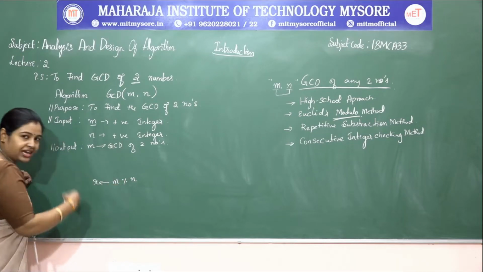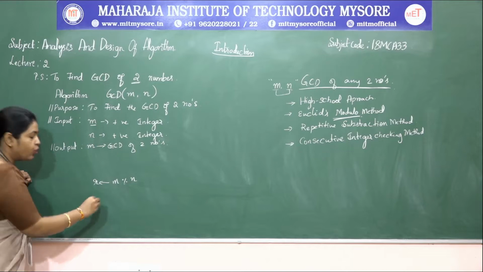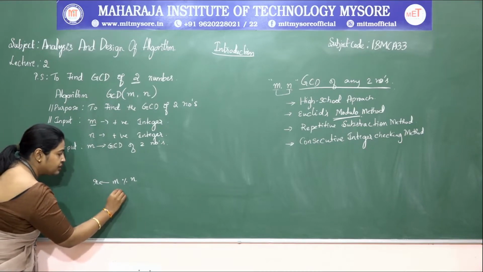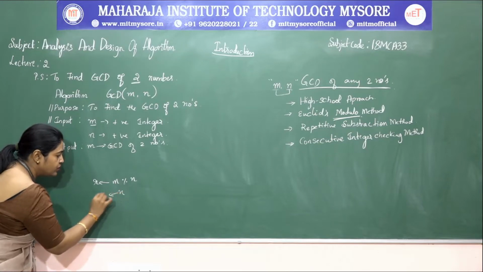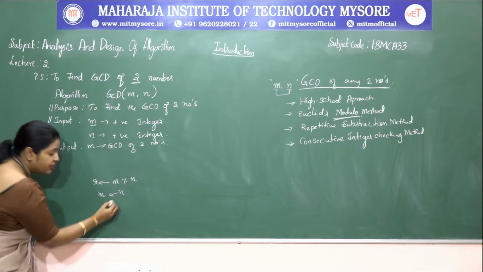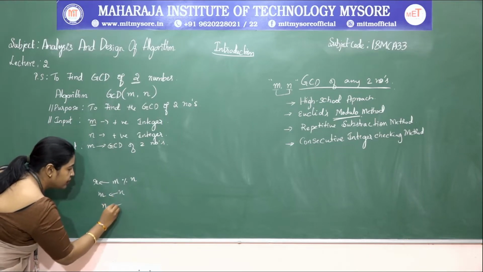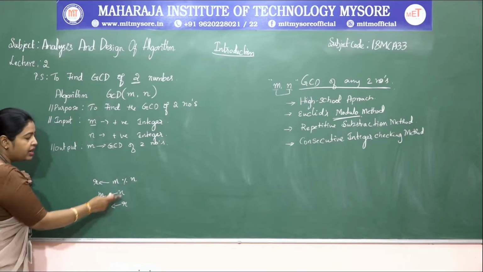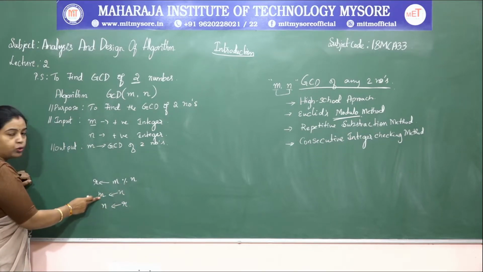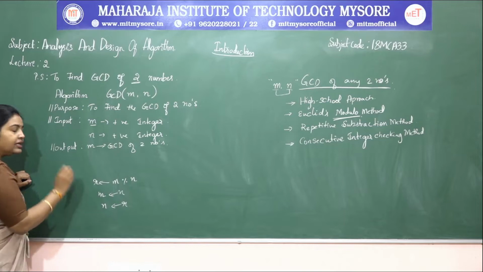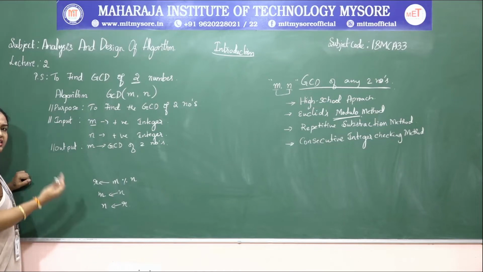Therefore, the next assignment statement we need to write is: we assign n to m, and into the second number n we store the remainder. So the remainder is stored in the second number and the second number is stored in the first number.